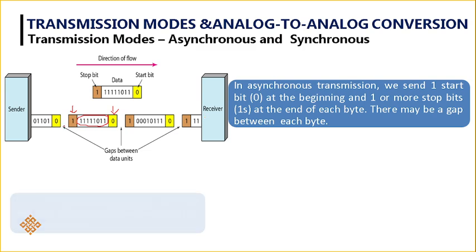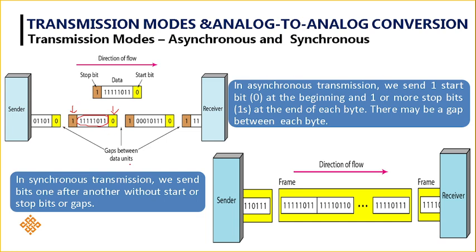Coming to synchronous transmission, we send bits one after the other without any start or stop bits, because all the bytes are transferred as a stream. A continuous flow of data will be there. It is not sending randomly, one byte and then a third byte; it is in sequence.